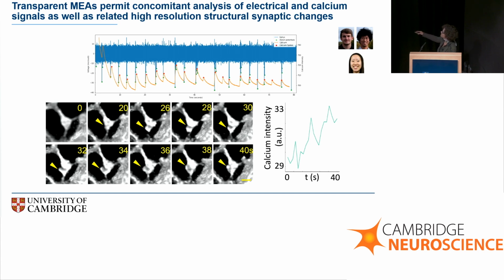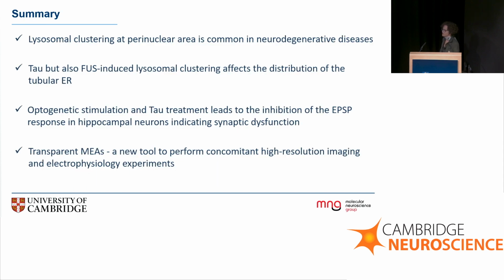So you have the electrical signals here, you have the calcium signals here at the bottom, but you can also see, for example, if you look at individual synapses here, how these synapses start undergoing structural changes during these calcium spikes. So these are really early days, but we're excited about this and what this can do for dementia research.